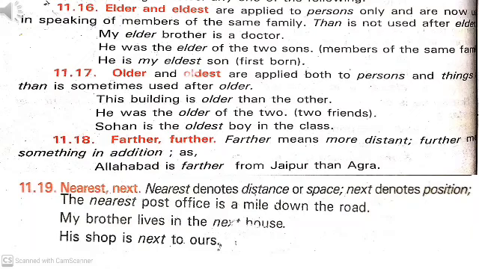Farther is used to show distance, and further means something in addition. Nearest shows distance or space, and next shows position. When we have to show any position, then the word next is used. Students, read examples from your book.